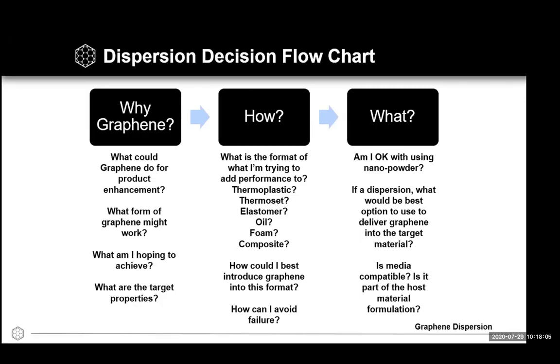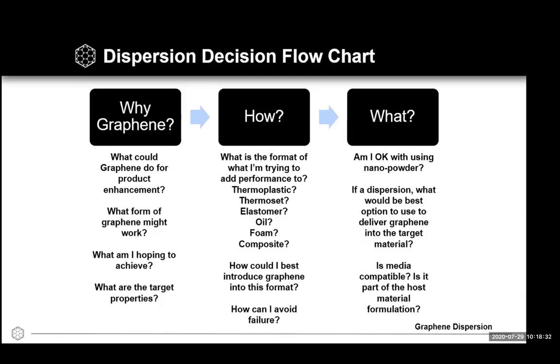Huge surface area advantage, as we mentioned in the last slide, for example, over other fillers. The aspect ratio advantage, the conductivity, the mechanical performance, thermal conductivity, and so on. The right form of graphene, what am I hoping to achieve in the end application that I'm looking to add graphene to? The key characteristics that I'm looking to improve the performance with.